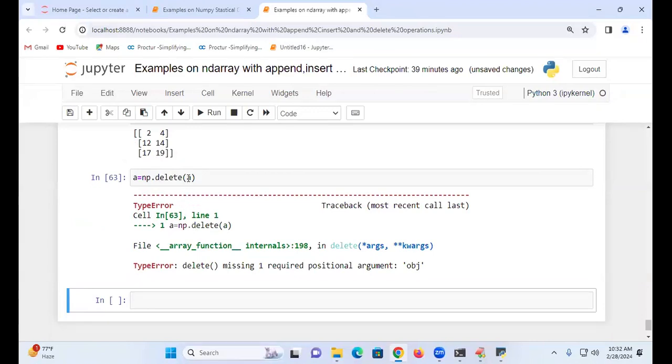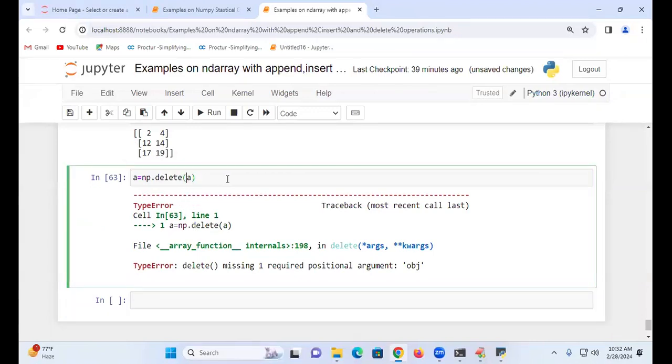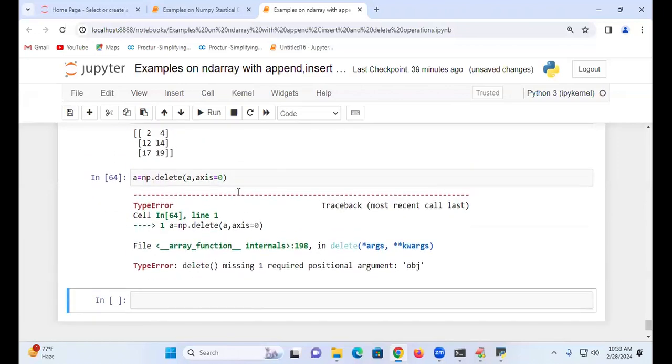So now a comma, axis equal to 0. Error is coming; you were expecting that.